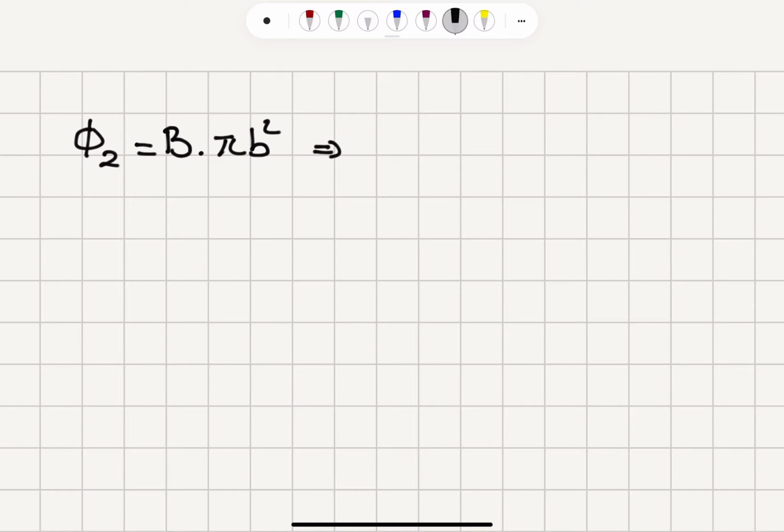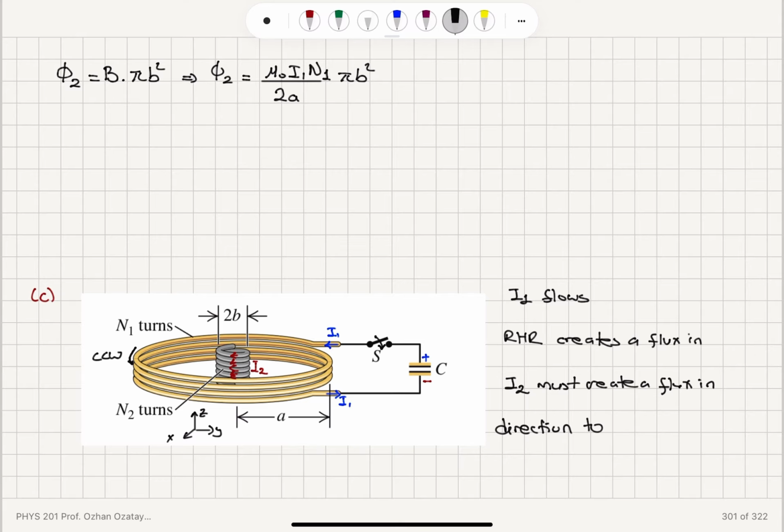So phi 2 will be equal to the total magnetic field at the center, mu 0 I1 divided by 2A due to each turn, multiplied by the number of turns, N1, multiplied by pi b squared. The magnetic field and the area vector are parallel to each other.